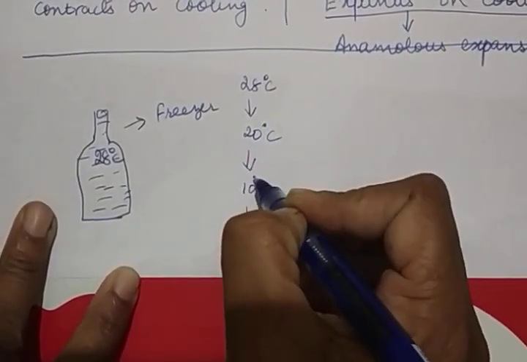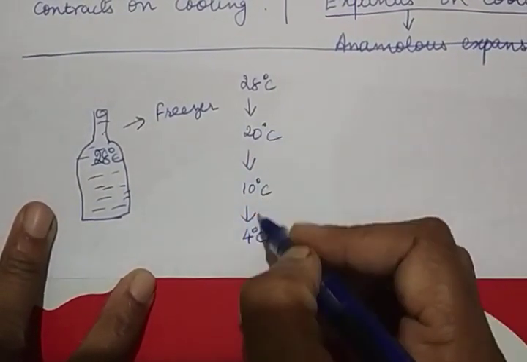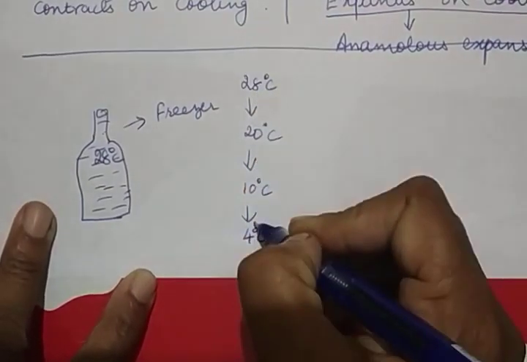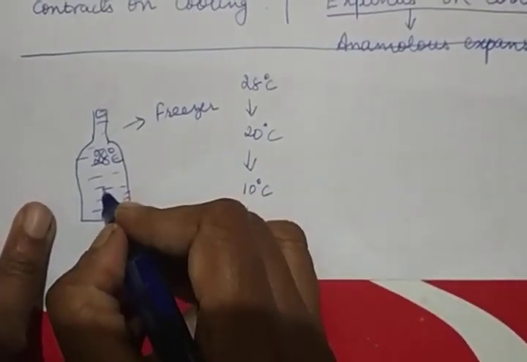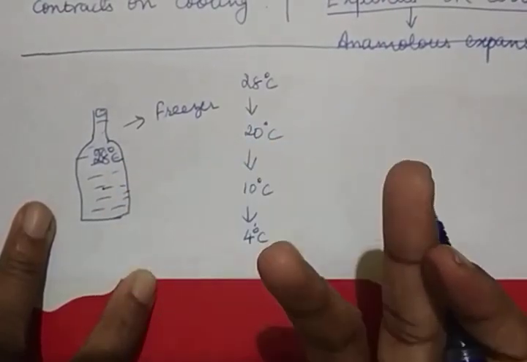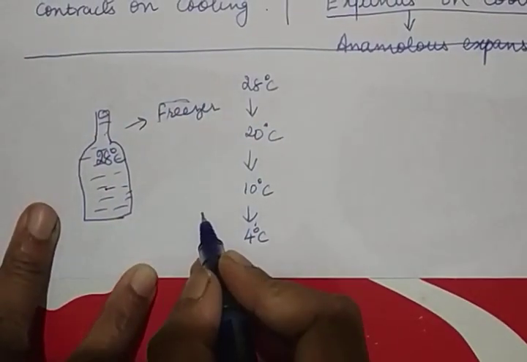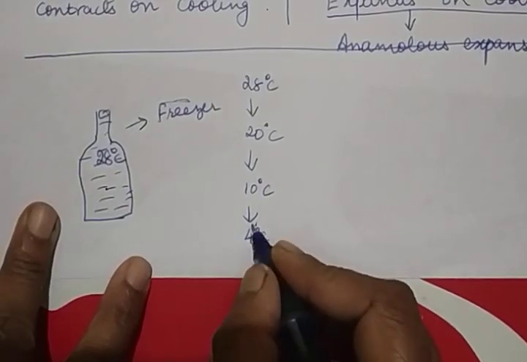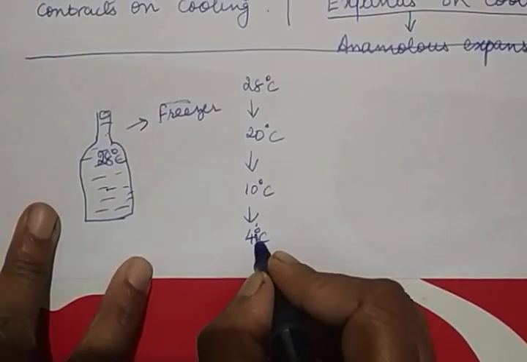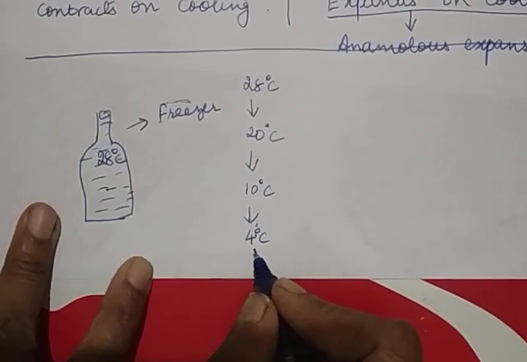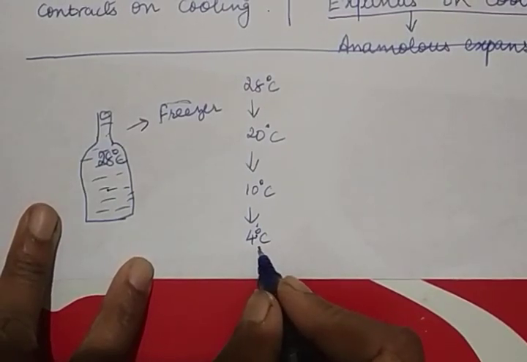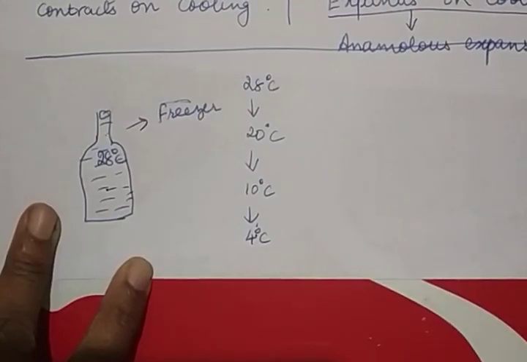Now, as its temperature is going down, as it's cooling, it will contract. You may not see it visibly, but there will be a little bit of contraction. But once it reaches 4, instead of contracting, it will start expanding.